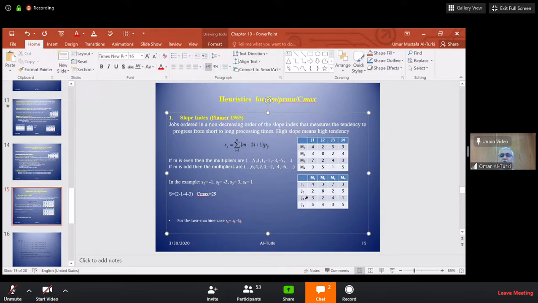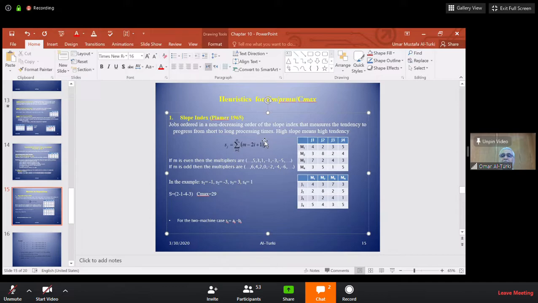Now let's talk about this one, this data, this form. The machines are in the columns. Now you multiply this column by minus 3, this column by minus 1, this column by plus 1, and this column by plus 3. These are the multipliers.